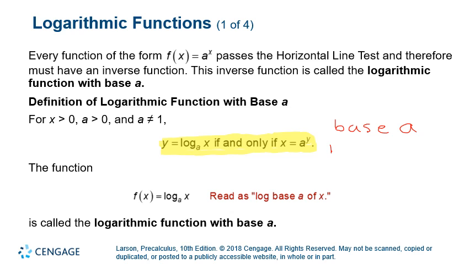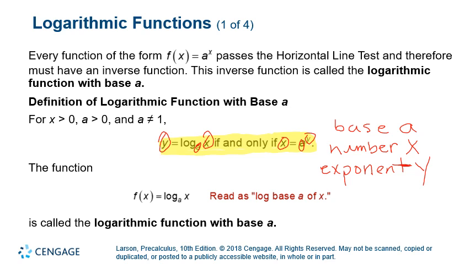You have a number that is x, and you have an exponent, which is y. And the a and the x and the y are in both versions. So we can very easily transform one to the other and vice versa.